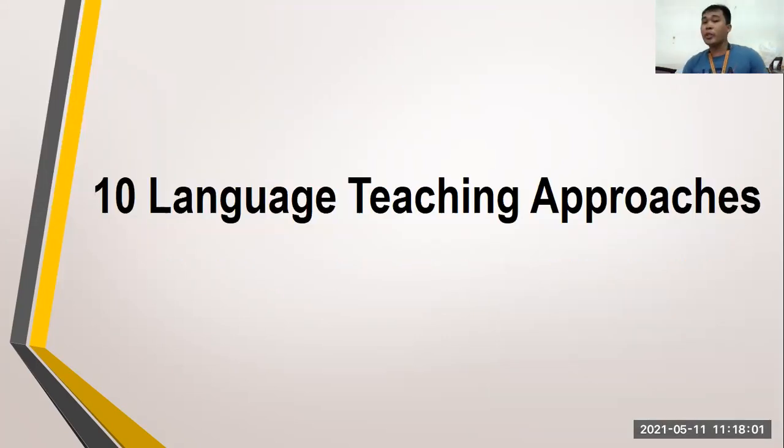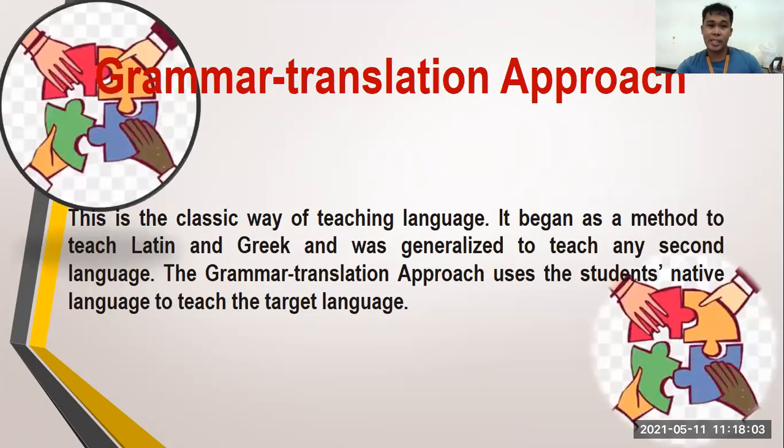Now, we proceed to the 10 language teaching approaches. The first one is the grammar translation approach. This is the classic where language teaching began, a method to teach Latin or Greek that was generalized to teach any second language. For example, we are teaching English to elementary students.